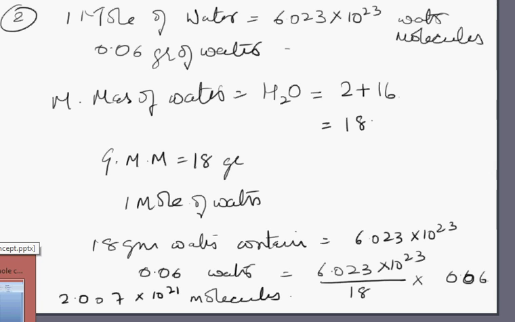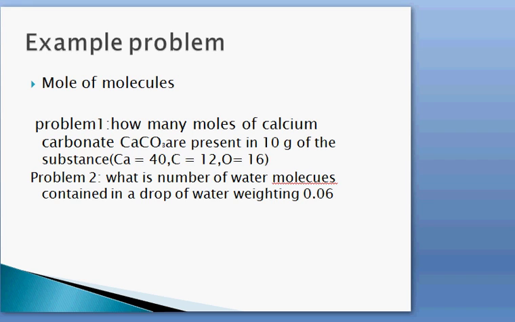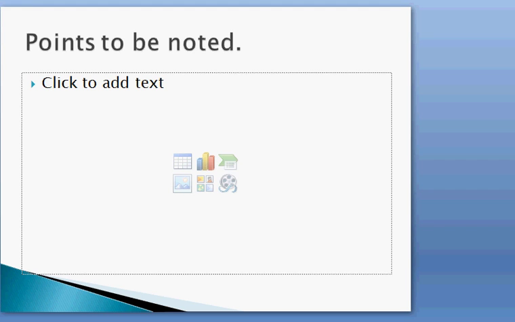Now friends, we have discussed many aspects of the mole concept. We have also derived many equations and solved two or three problems. I hope you have understood the concept of mole. What are the points to be noted?